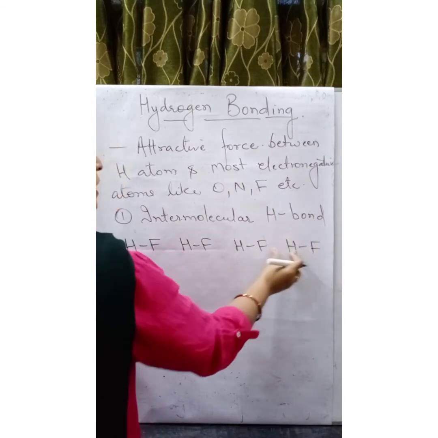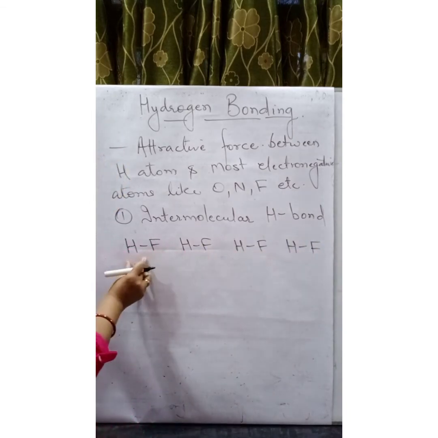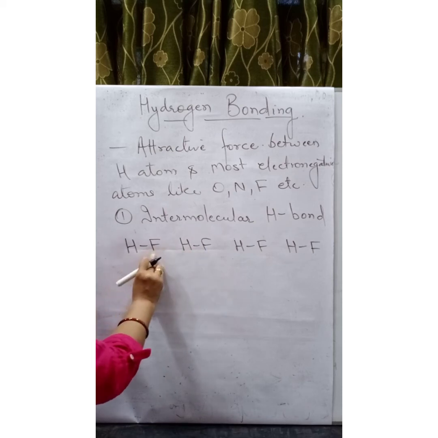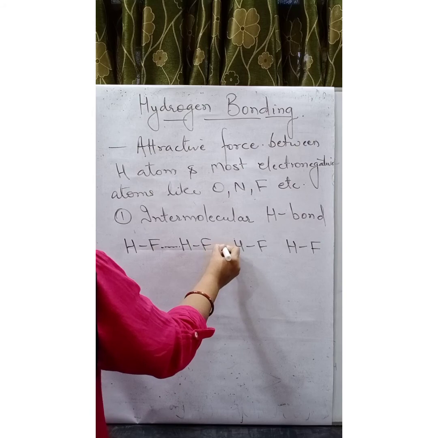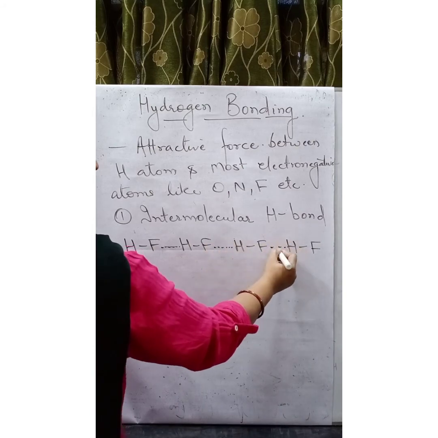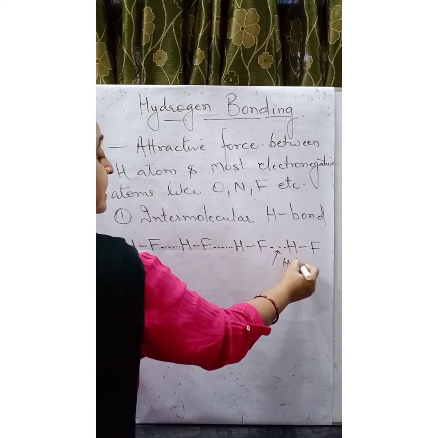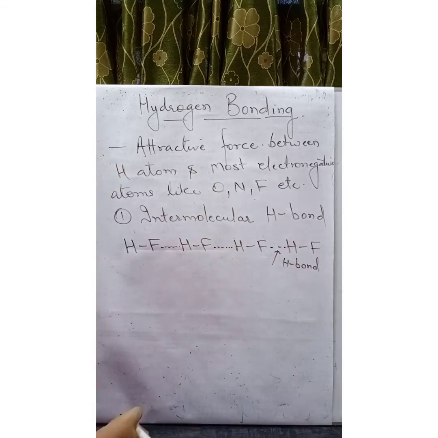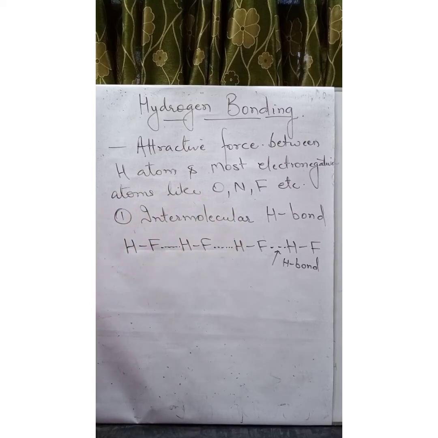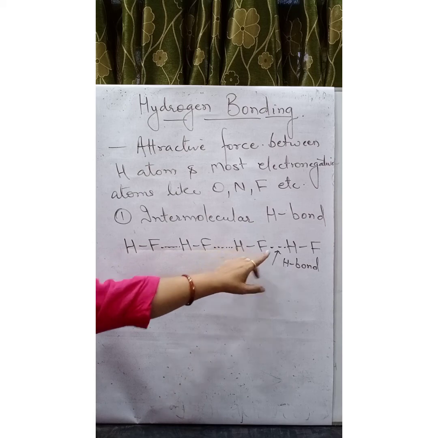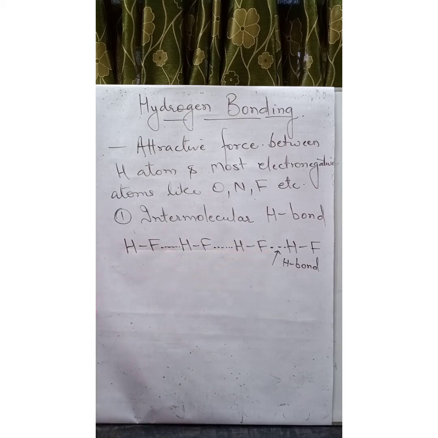This is one molecule, second, third, fourth. Now, between fluorine of this and hydrogen of the other one, there is presence of hydrogen bond. This type of hydrogen bond is known as intermolecular, between two different molecules of the same type or different type. That is called intermolecular hydrogen bond.